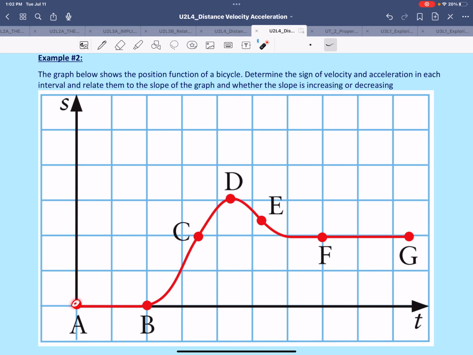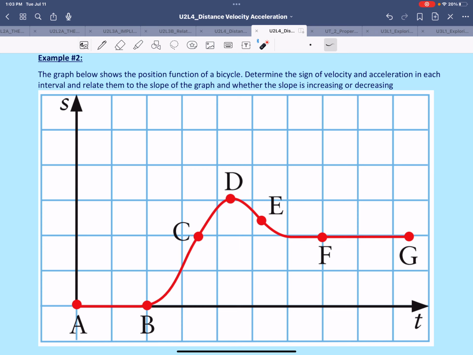At the origin, the initial point or point of reference, we have divided the graph into 6 different intervals, and we'll describe the motion of the object in each, meaning the position, velocity, and acceleration.